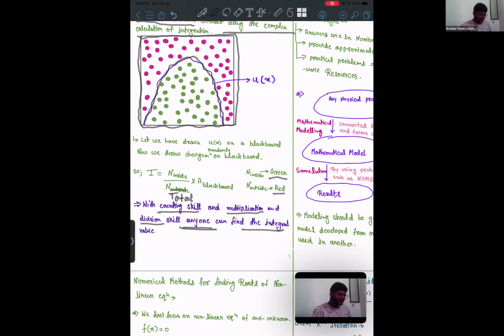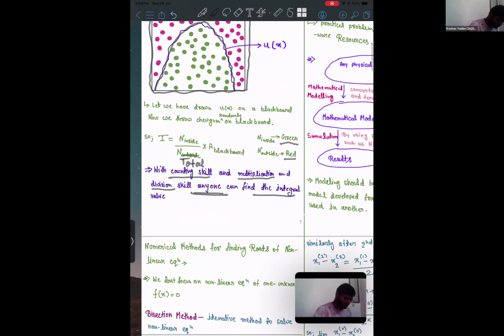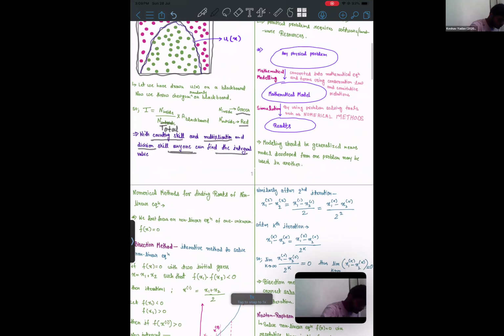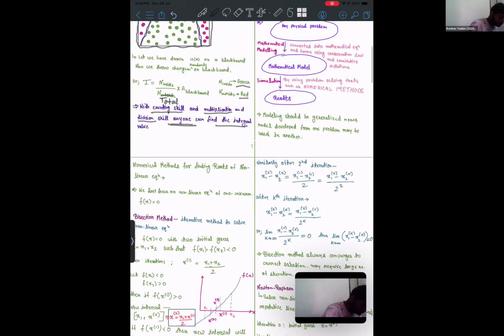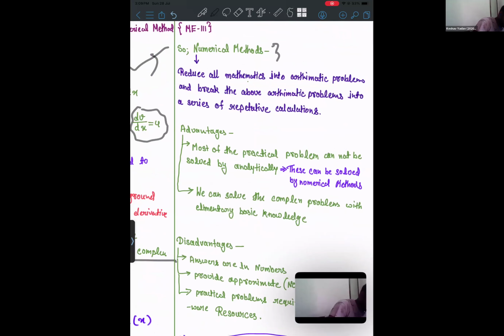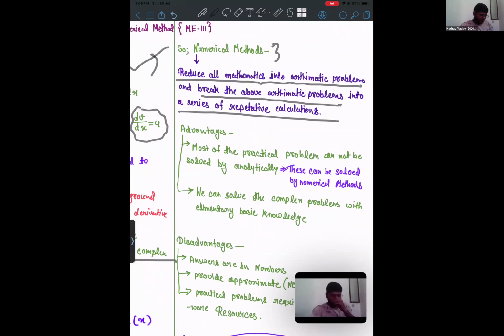There we need numerical methods to find approximate solutions. Here is the definition: numerical methods reduce all mathematics into simple arithmetic problems and break the arithmetic problem into a series of repetitive calculations.